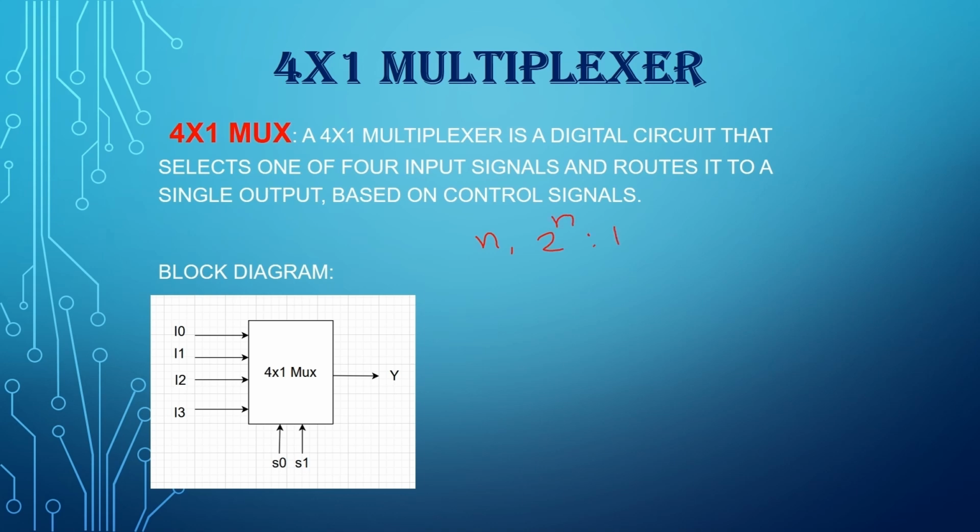Here n is equal to 2 selection lines. So 2 square is to 1, that is 4 is to 1: 4 input lines, one output line.